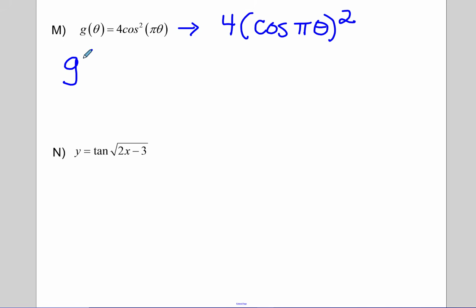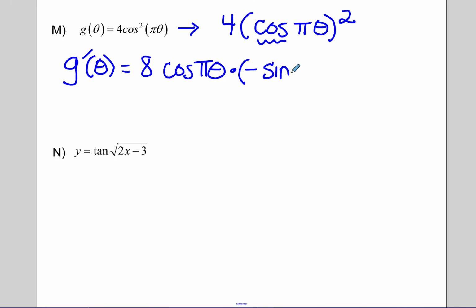Your derivative, g prime of theta, is 8 cosine pi theta times, cosine's our second function, that's going to be negative sine pi theta, and then pi theta is our third function.